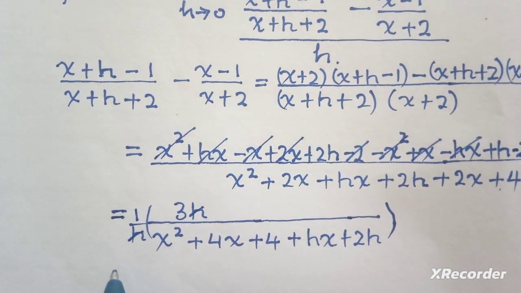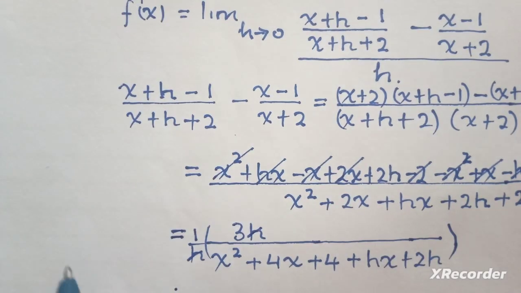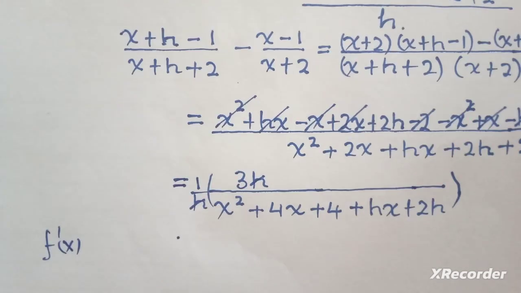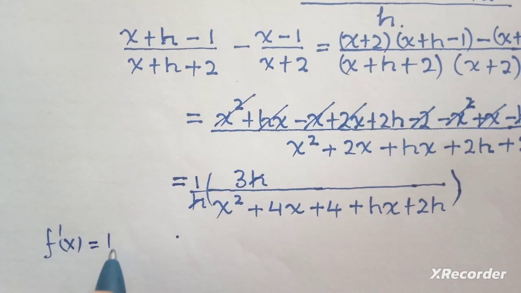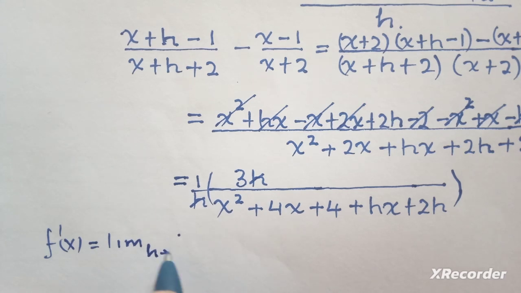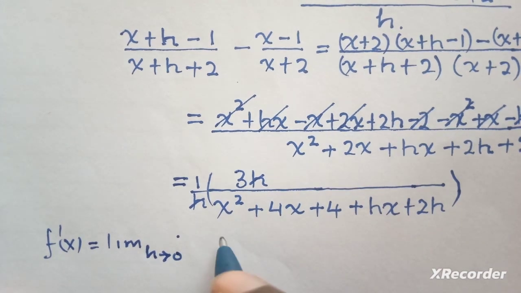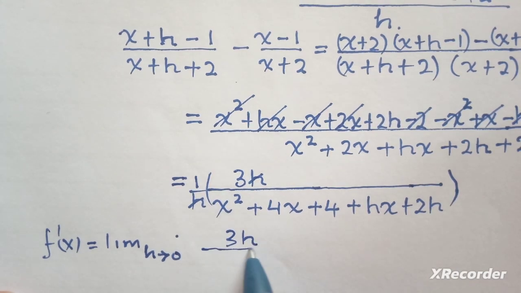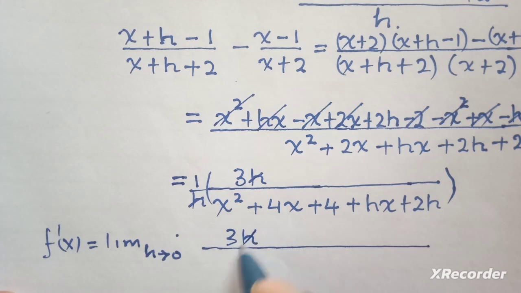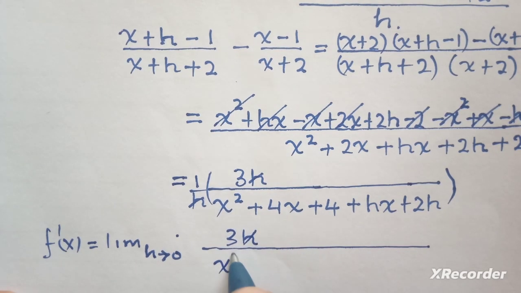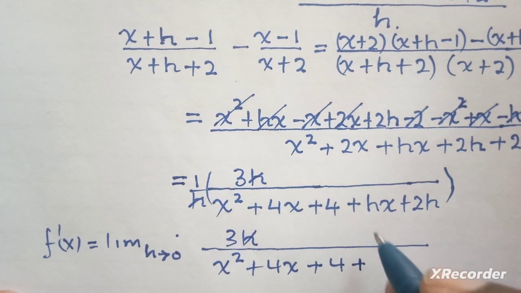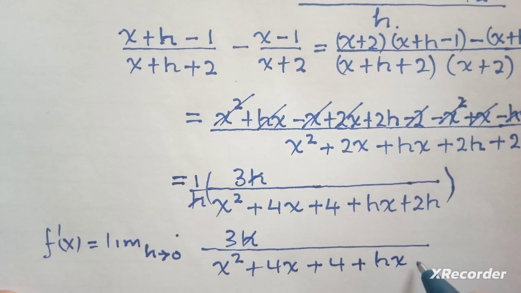So once we cancel that h, we will write here f of x equals the limit as h tends to 0. We shall now have 3h all over, actually the h is already cancelled, x squared plus 4x plus 4 plus hx plus 2h.